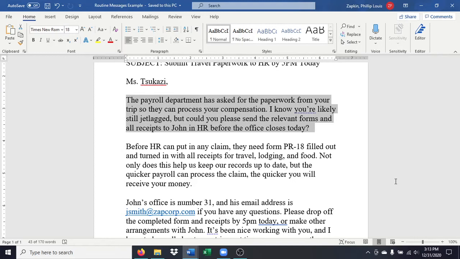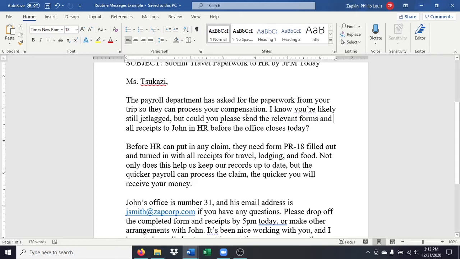So, if you're asking someone to do something, it's likely an inconvenience, even if only a moderate one. But you want to acknowledge that inconvenience. And then, as always with business communication, you want to be specific and direct about what you're asking.